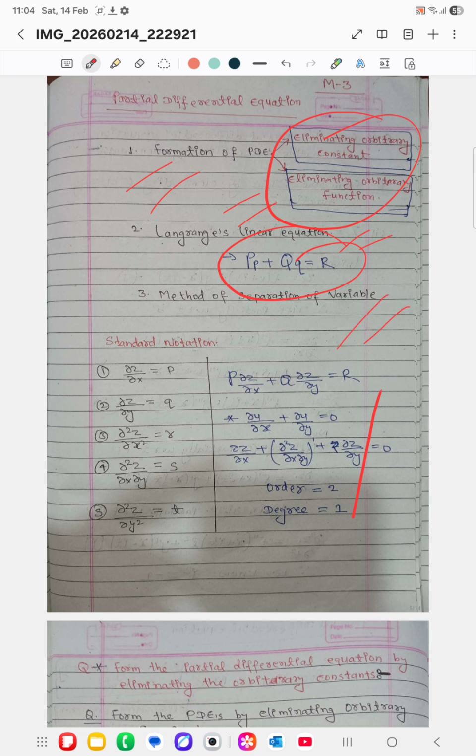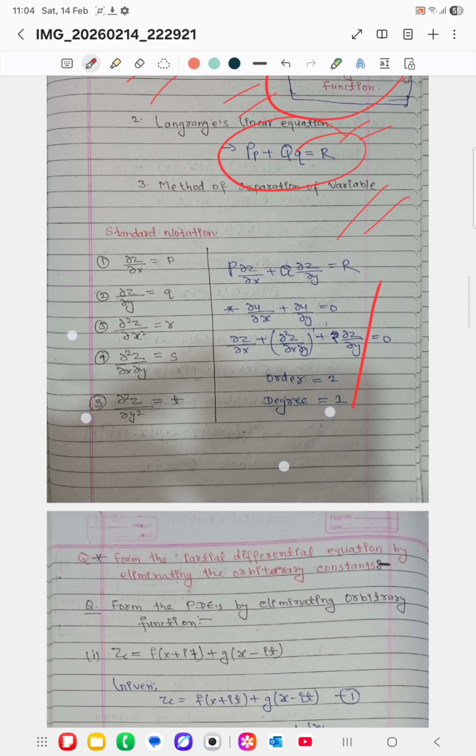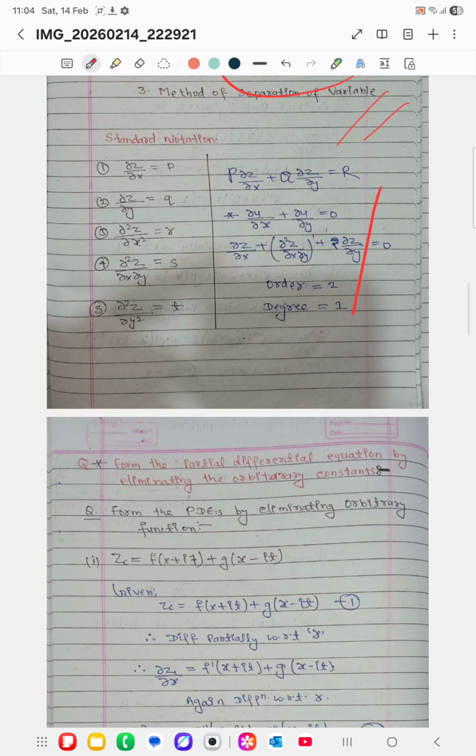So let us see some standard notation. Whenever you see del z by del x, consider that term equal to p, and similarly del z by del y is equal to q, del square z by del x square is equal to r, del square z by del x del y is equal to s, and del square z by del y square is equal to t.